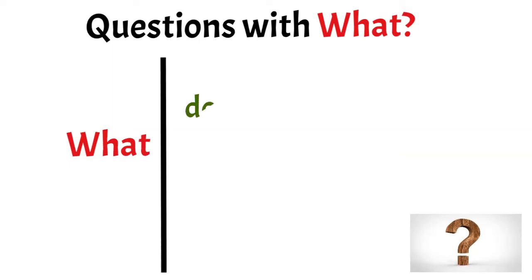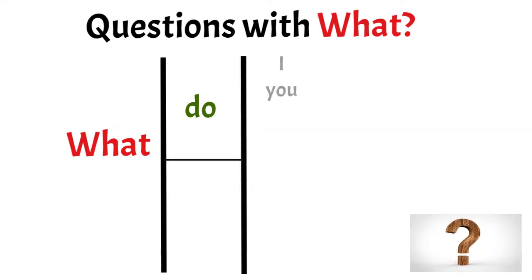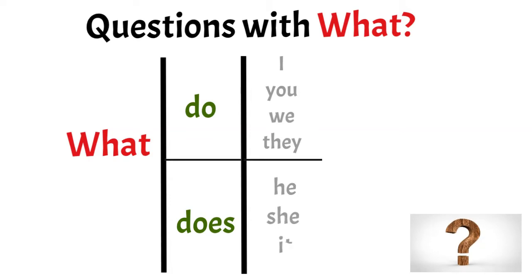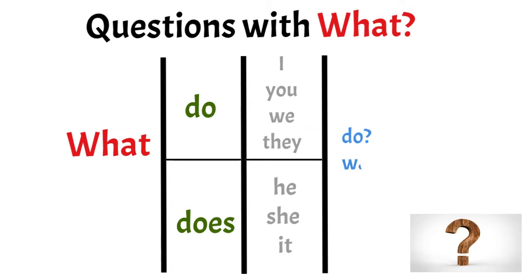The auxiliary do plus the pronouns I, you, we, they, or the auxiliary does for the pronouns he, she, it, plus the simple form of the verb do, want, mean, plus the complement for lunch. Here are some examples. What do they do? What does he want for lunch? What does it mean?